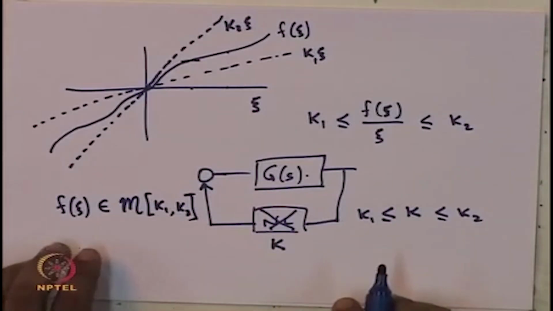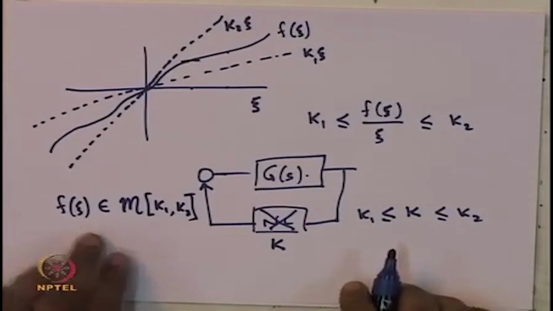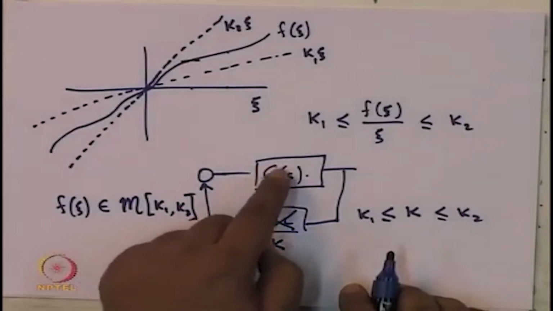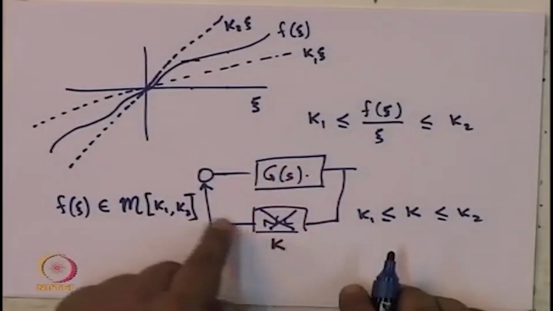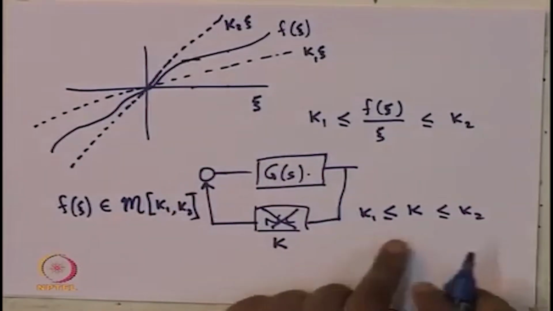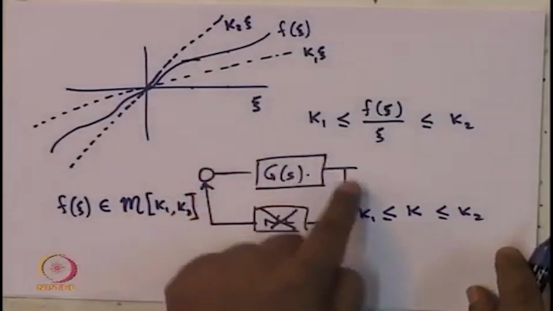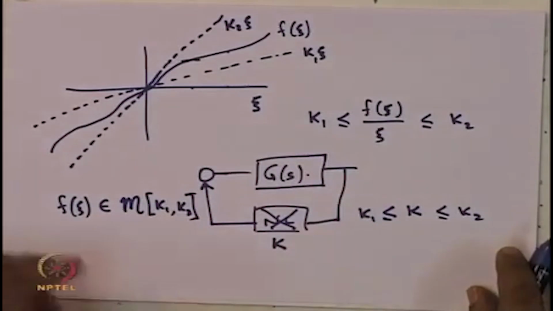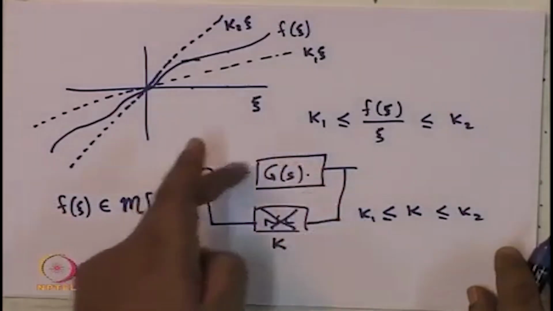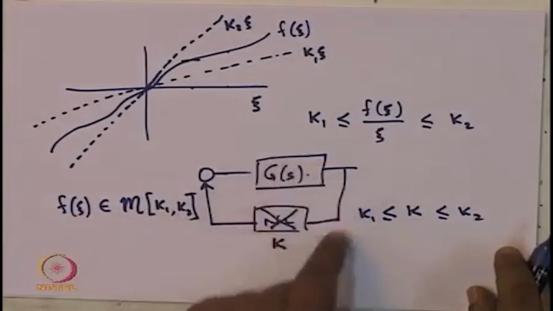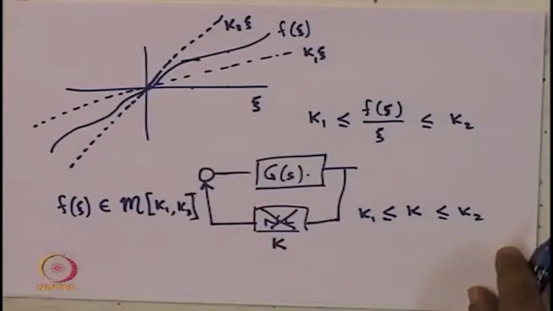If you have a nonlinearity which lies in the sector k1, k2, then if the linear plant is such that when you put in any feedback gain between k1 and k2 the resulting system is asymptotically stable, then if instead of that linear feedback you put the nonlinearity in there, the resulting system is going to be asymptotically stable. So this was Eisenman's conjecture.